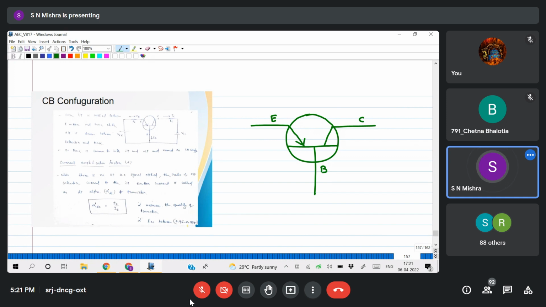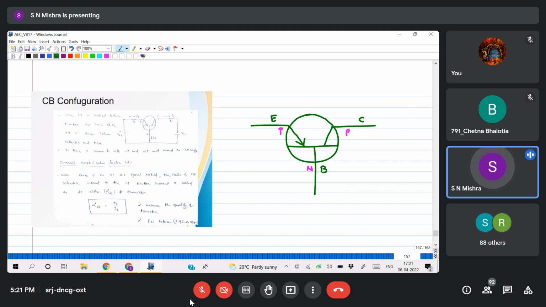Now I'll bias it. The emitter base junction should be forward biased and the collector base junction should be reverse biased. So what type of transistor is this one? This is P, this is N, this is P. Forward bias means the P side should be connected to higher potential, the N side should be connected to lower potential.